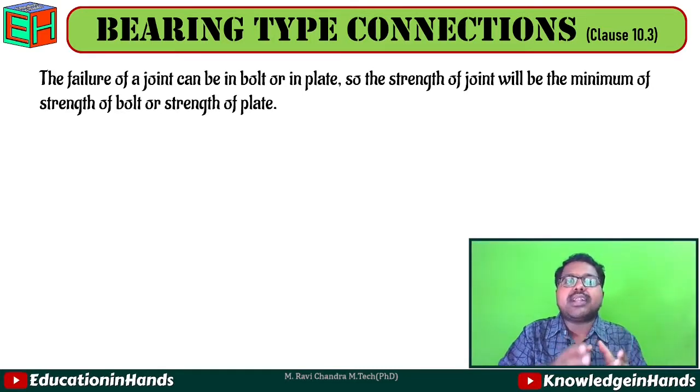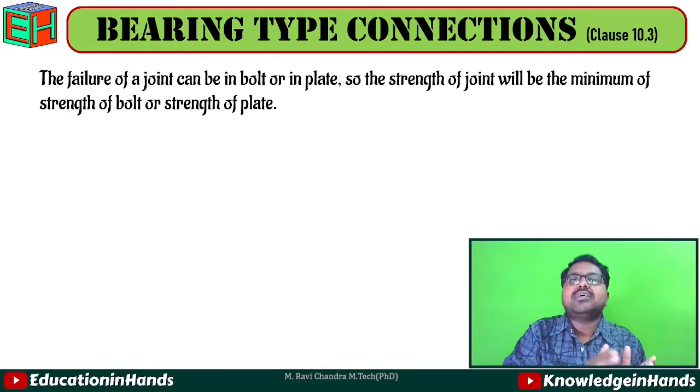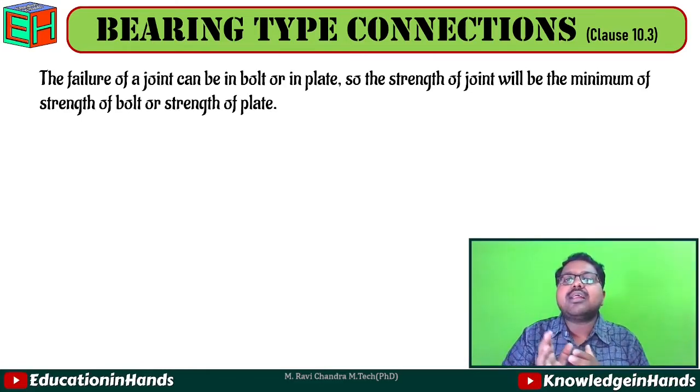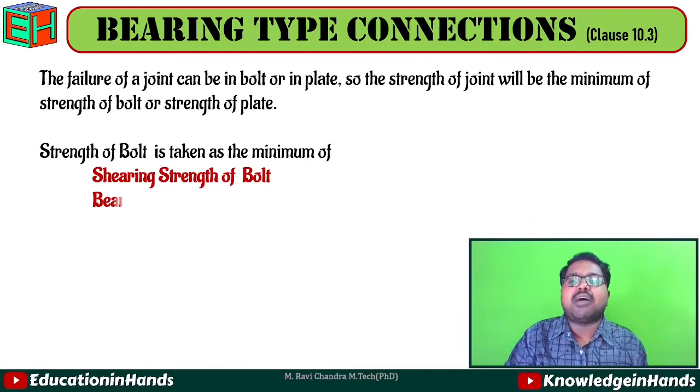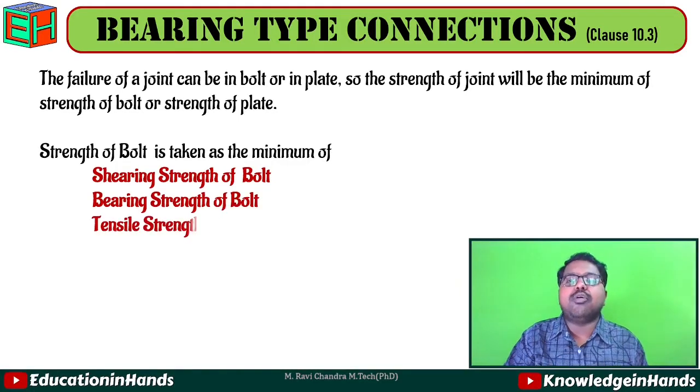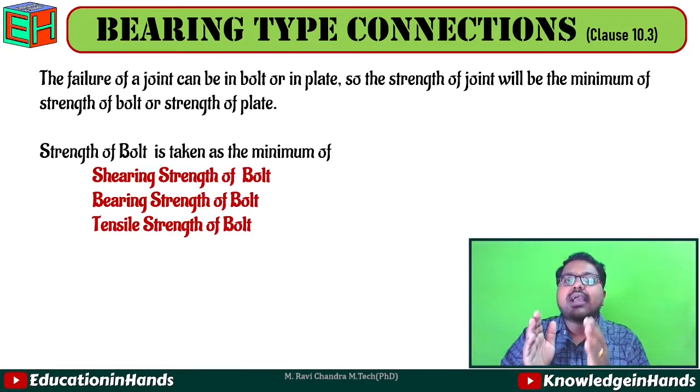So we need to take the strength of the joint as the minimum of strength of bolt or strength of plate. The strength of bolt is taken as the minimum of shearing strength of bolt, bearing strength of bolt and tensile strength of bolt, which are nothing but the failures we discussed in the last video. So we need to consider these three conditions.